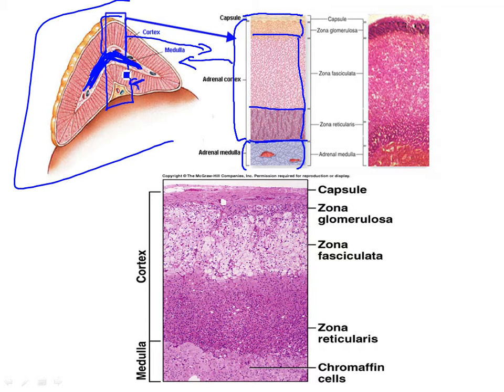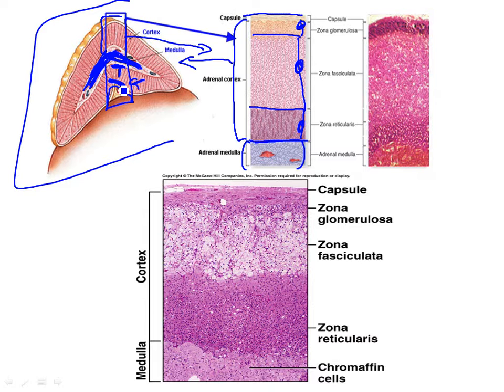But you would begin backwards, because if you start from the capsule and go in, you've got glomerulosa, fasciculata, and reticularis. So over here, looking at the lower portion, of course, you're going to have reticularis, fasciculata, and glomerulosa. All right, so just to keep that image in your mind.